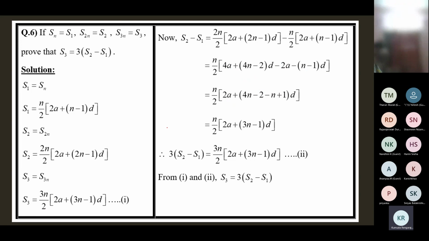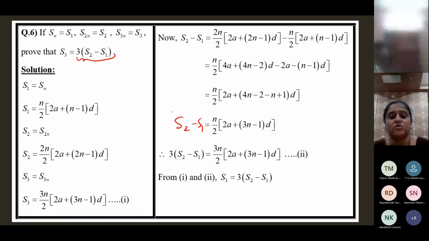So we have worked S2 minus S1. Now we'll have to multiply that by 3. We'll have to find 3 times S2 minus S1. We found S2 minus S1, now we'll have to find 3 times that. So 3 times S2 minus S1 will be this one multiplied by 3, so it will be 3n by 2.